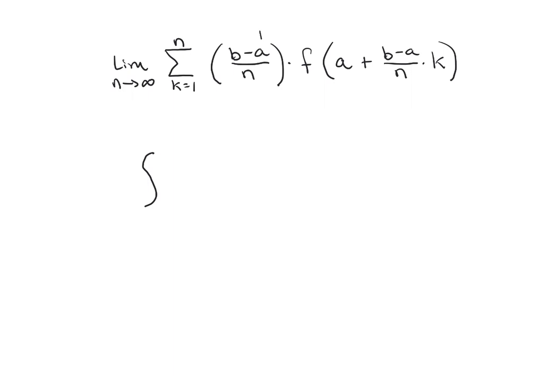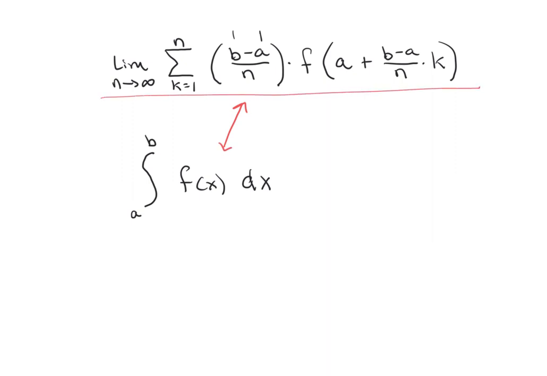So if it's from a to b, we're going to write this from a to b, and then of our function with respect to x. So these two things are actually communicating the same thing. This is kind of the meaning behind this, and then this is just to create an easier notation. And what we're practicing today is just switching back and forth between these two notations.